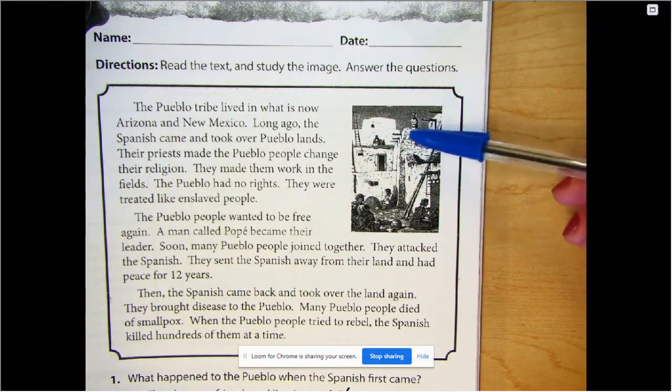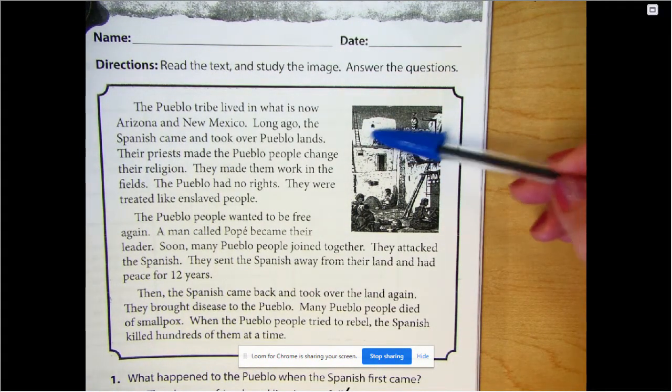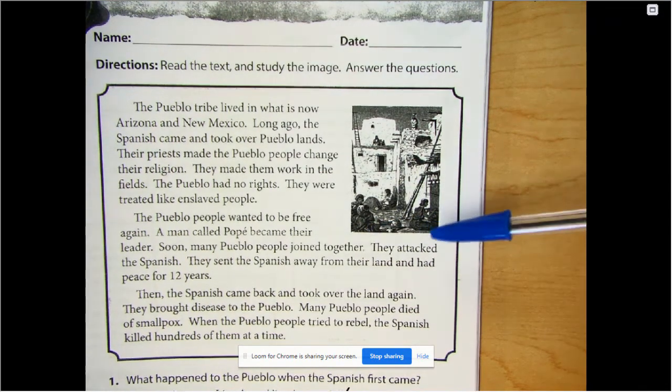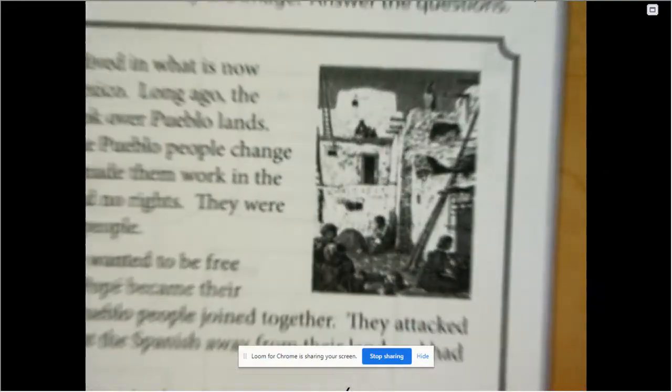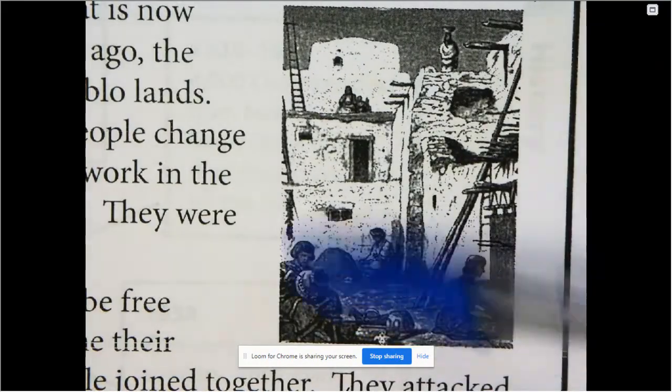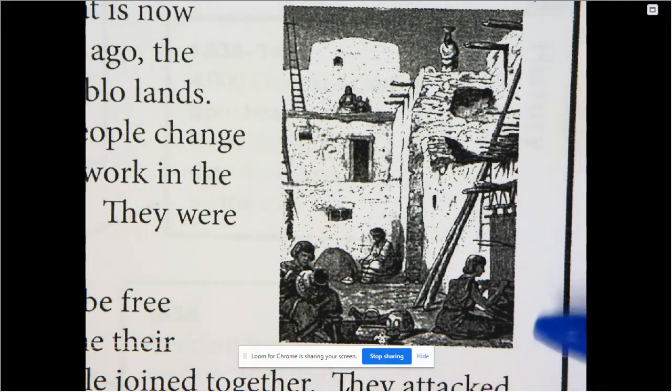Before we read that story, let's look at the picture here. We can see different people. There's people sitting there. This person is etching some pottery. Looks like he's made several different things right here. This person looks like they're weaving. This is a big weaving machine.